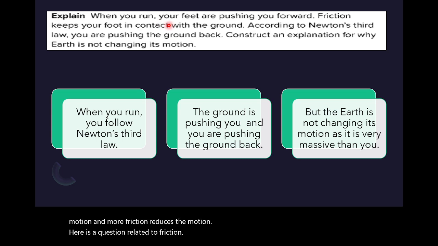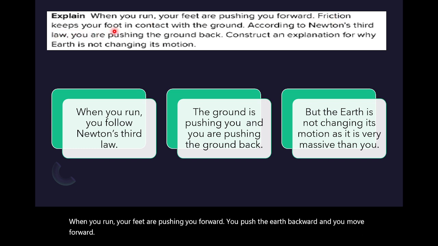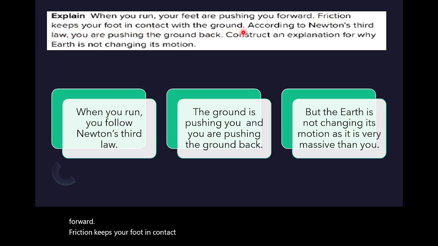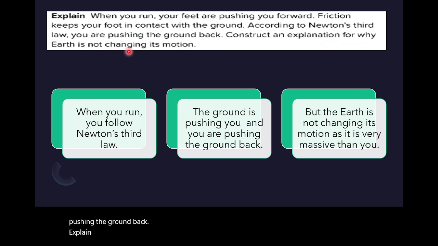When you run, your feet are pushing you forward. You push the earth backward and you move forward. Friction keeps your foot in contact with the ground. According to Newton's third law, you are pushing the ground back. Explain why the earth is not changing its motion. So, according to Newton's third law, we push the ground, the ground is pushing us.